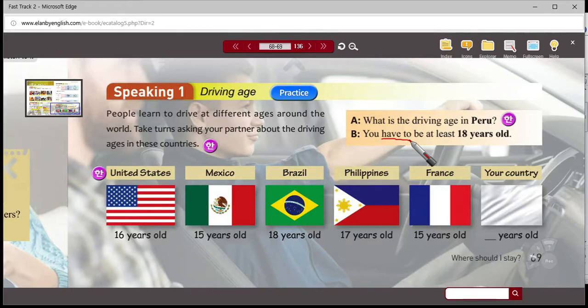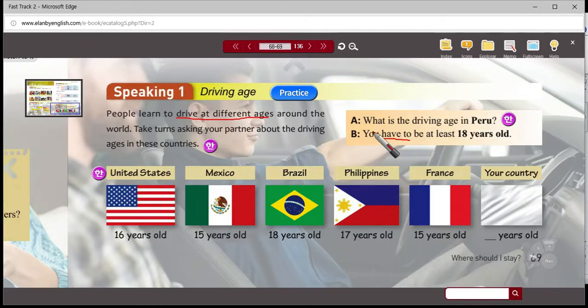So in this case, we're going to be talking about different ages for driving. So different driving ages around the world. So those are laws. Those are rules. So those are things that have to be done.